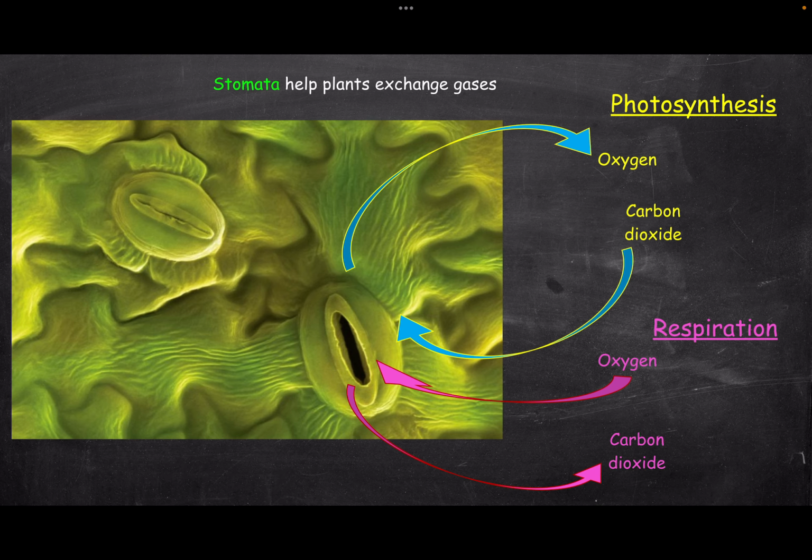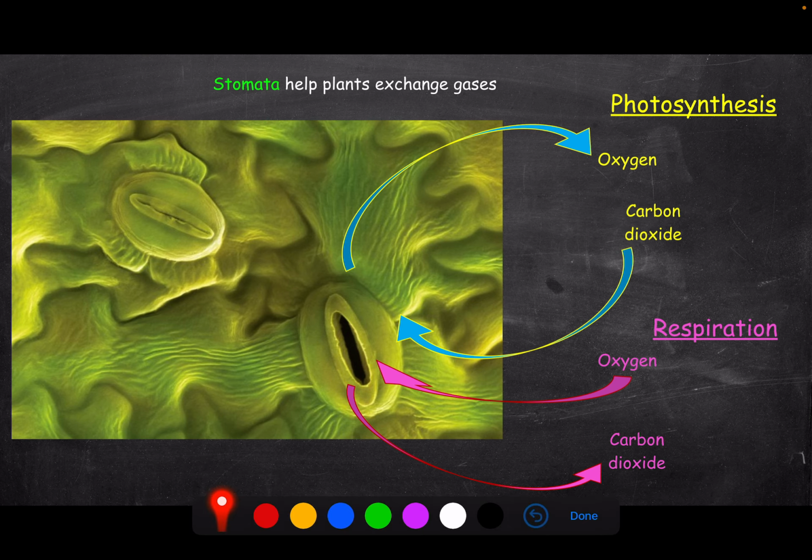Another thing worth mentioning is the stomata, which is how plants can exchange gases. So during photosynthesis, the plants use their stomata to absorb carbon dioxide and release oxygen. And during respiration, plants use the stomata to take in oxygen and then release carbon dioxide. Sort of how you breathe in oxygen and you breathe out carbon dioxide.